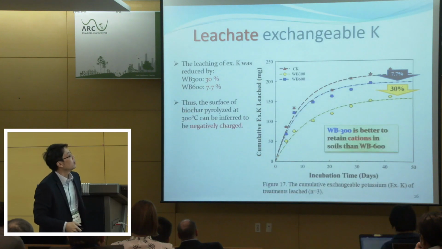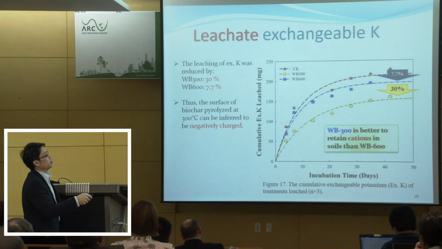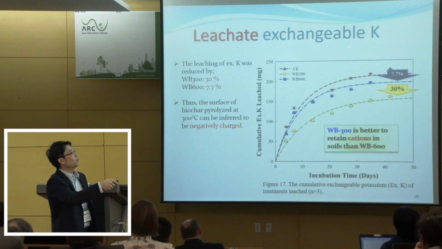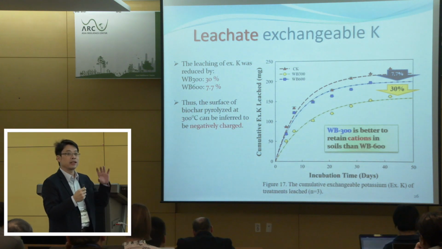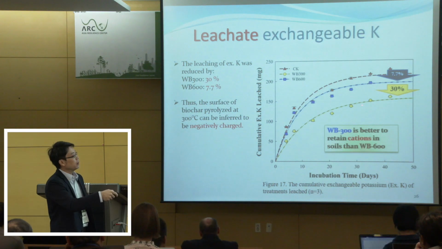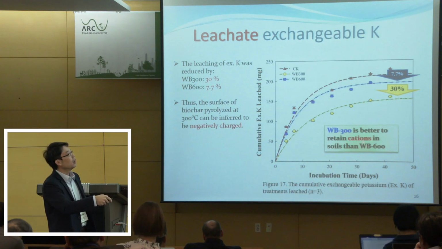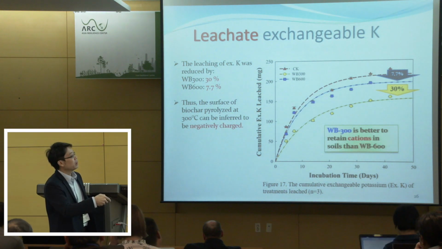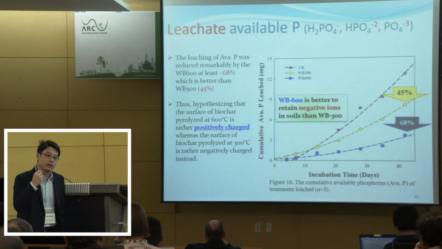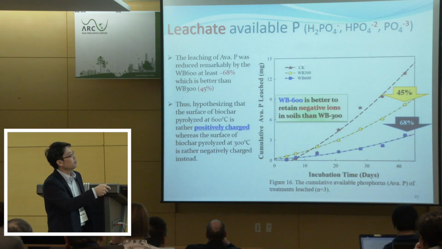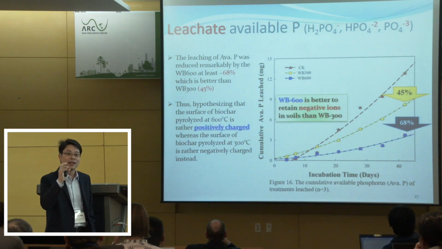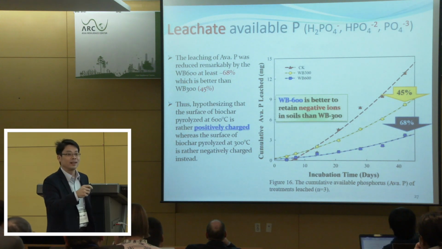It's the same situation for the potassium, just like the ammonium nitrogen, because it's a cation. The low temperature biochar is better than high temperature biochar. But the interesting thing is found in phosphorus, because phosphorus is negative, it's an anion.